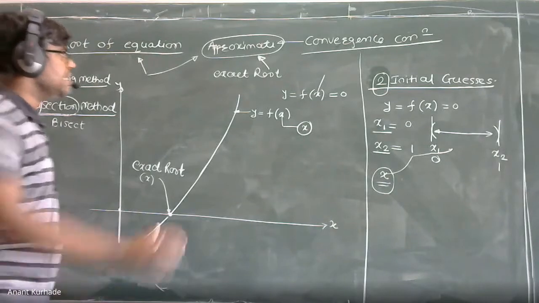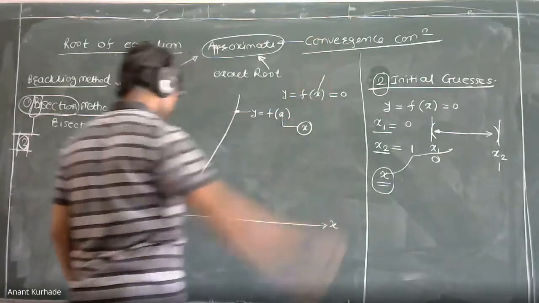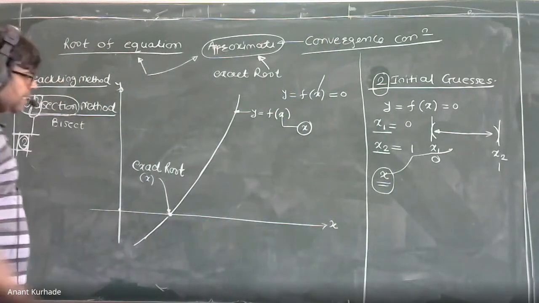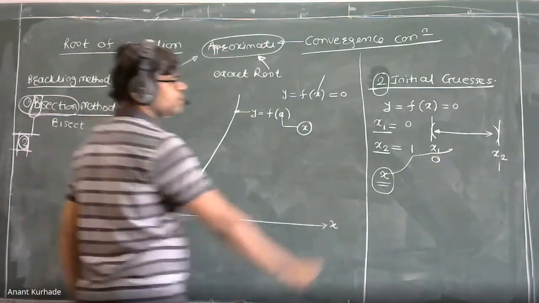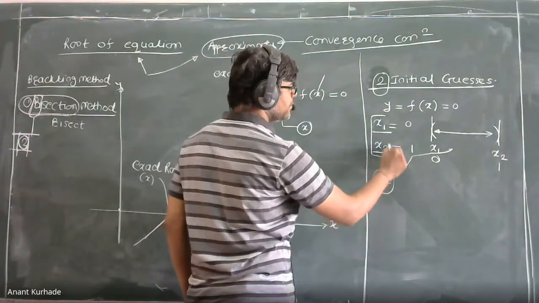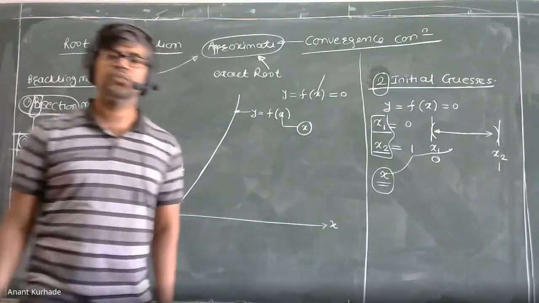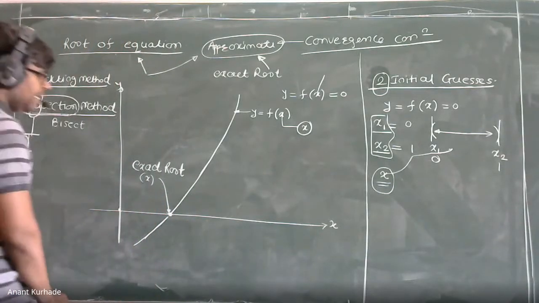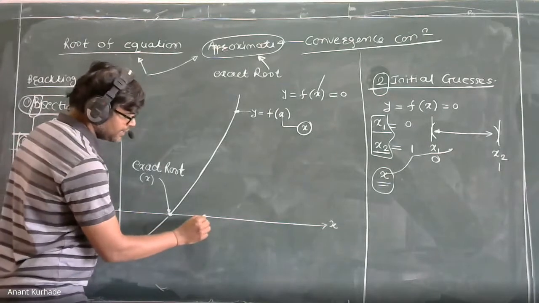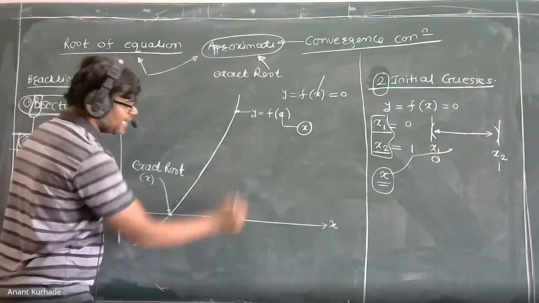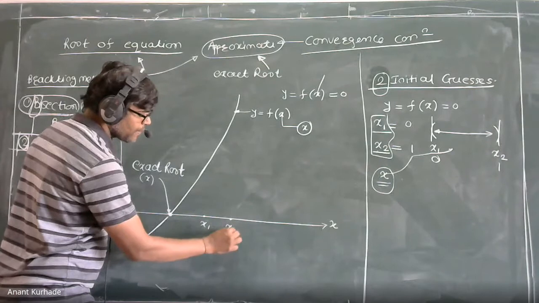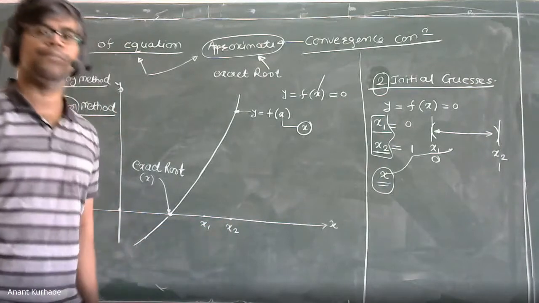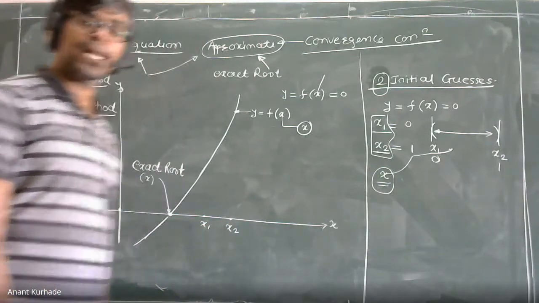Remember these 2 conditions. So in this graph also, we have to mark these 2 values, x1 and x2. Let's have x1 here, and x2 here. So now this is the bracketing method.